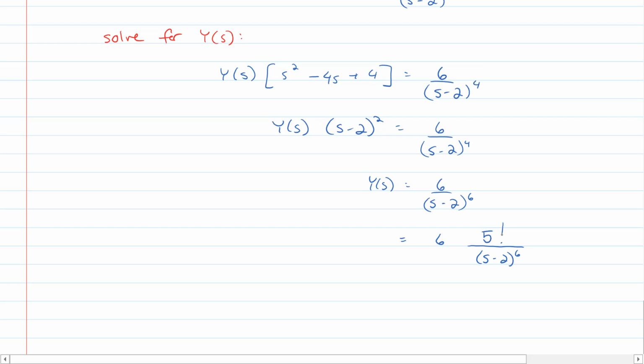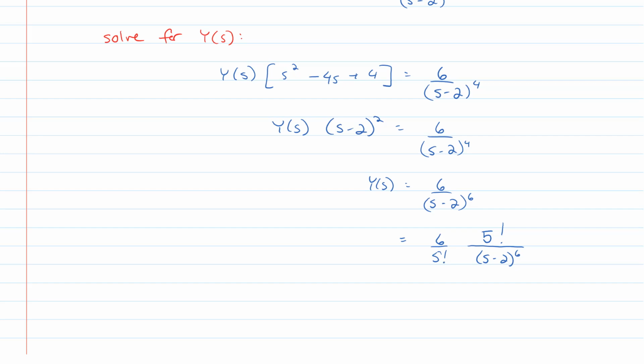So that's a 5 factorial. To balance things out, I'm going to divide the 6 by 5 factorial so that when the two 5 factorials cancel, we get what we had to begin with. And the nice thing about the 5 factorial over s minus 2 to the 6 is that it's now in the form of n factorial over s minus a to the n plus 1.